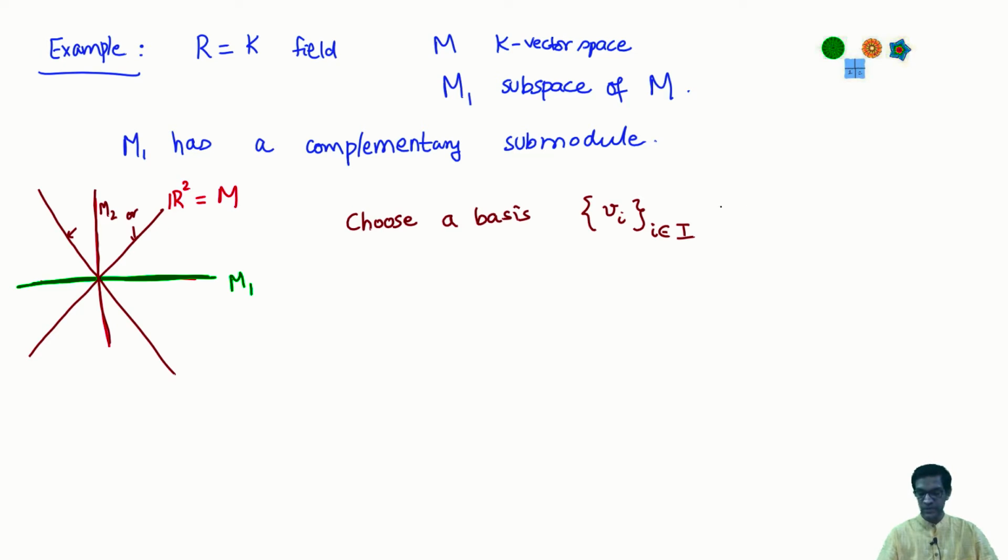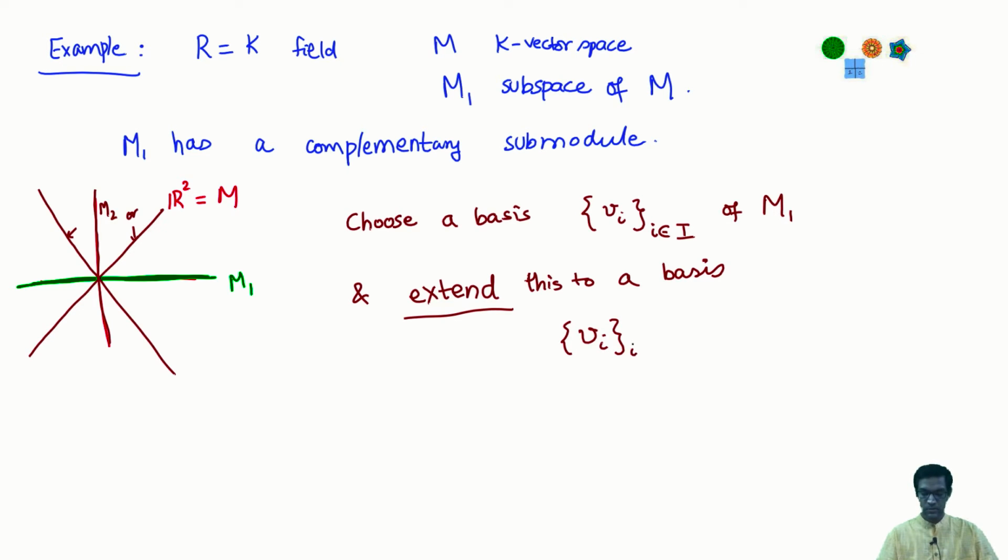So choose a basis Vi of M1, and the key point here is that this basis can always be extended. I already have some basis vectors. To that I add a few more. Let's call them Vi primes, i belonging to some other indexing set J.